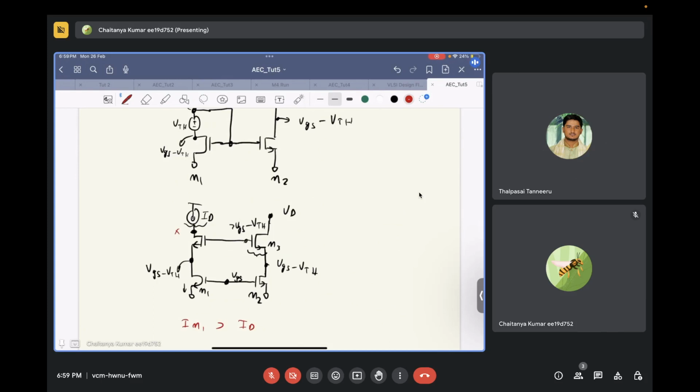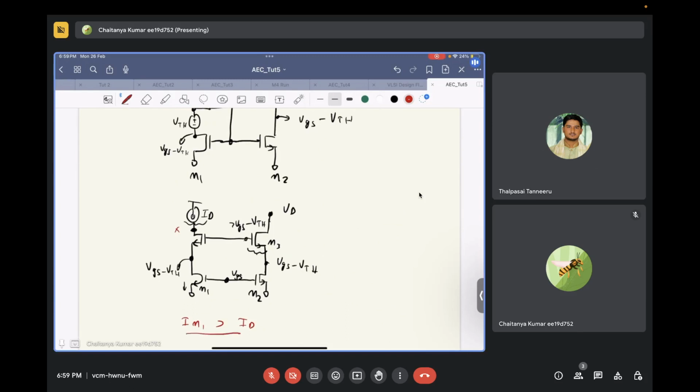You need to reduce this voltage, and you see that when this is happening, Vx is automatically reducing. And vice versa, if IM1 was less than ID, that means VGS is lower than expected.